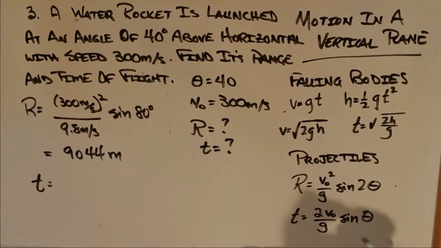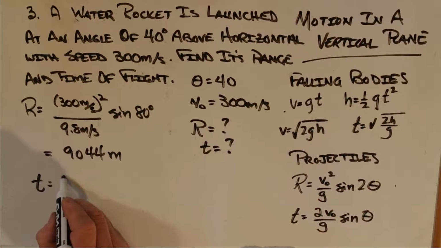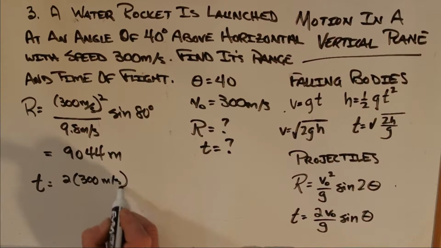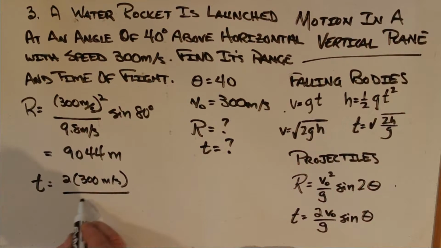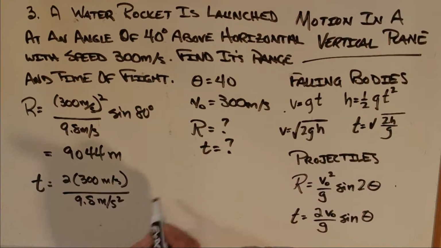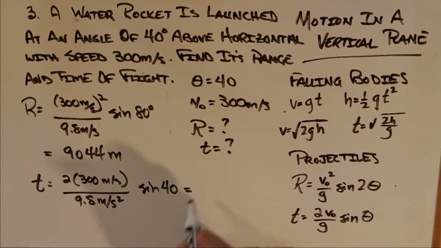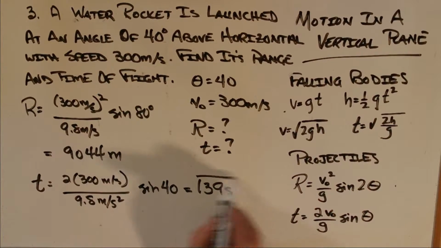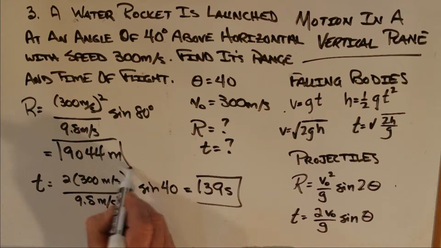The time, 2 times the initial velocity divided by the gravitational constant times the sine of theta. So 2 times 300 meters per second divided by 9.8 meters per second squared times the sine of 40. And again, when we do the arithmetic, we come up with a value for time as 39 seconds.